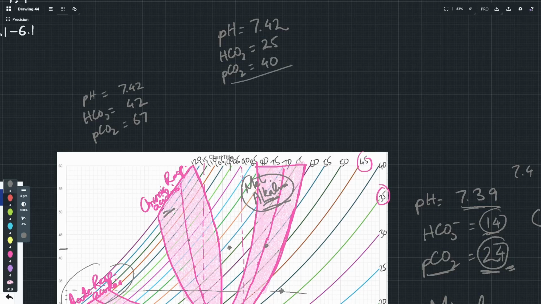Now, some extra information that I would give you here: sodium is 140, chloride is 95, and yeah, what else? I think that is all.